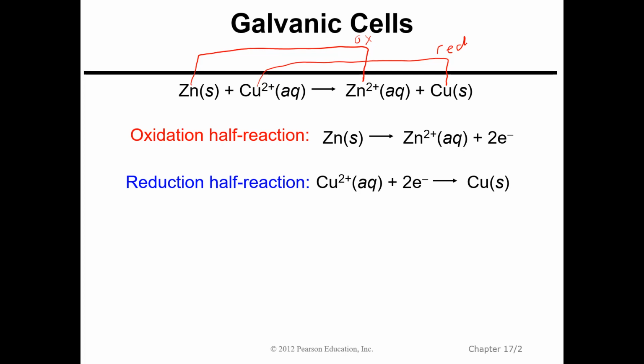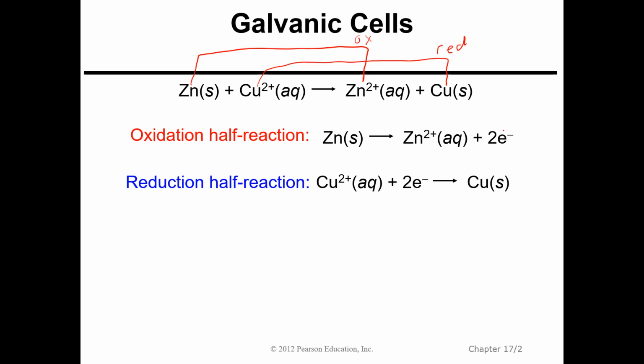So we can separate out our oxidation and our reduction half reactions. We can write the element that gets oxidized by itself, and we write the electrons that are transferred. Since the electrons are lost, this is an oxidation reaction. The electrons are products.